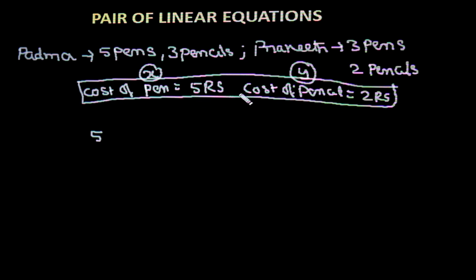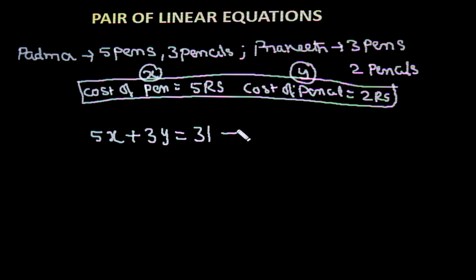These are kept secret. So 5 pens means 5x, and 3 pencils means 3y, equal to the total amount: 5 into 5 is 25, 3 into 2 is 6, total 31.